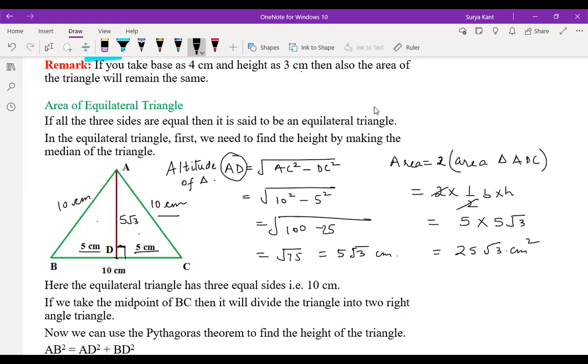Means in that way can we find out the height, like 5 square root 3? If we do not know, sir, that it is 5 square root 3, instead of 5 square root 3, we can keep x as the value and then find it out, sir.